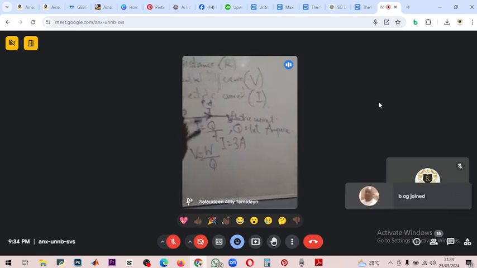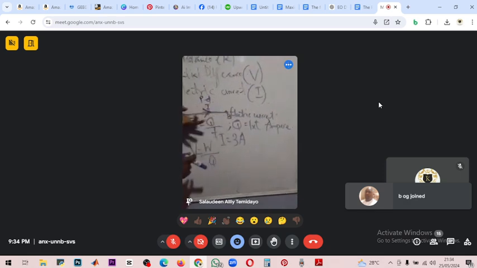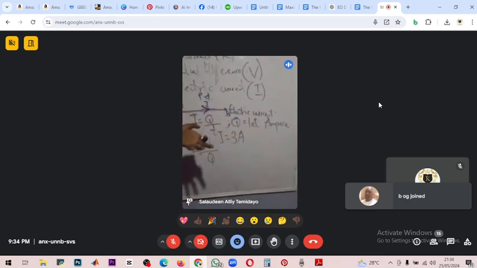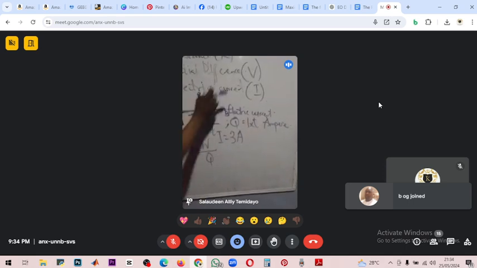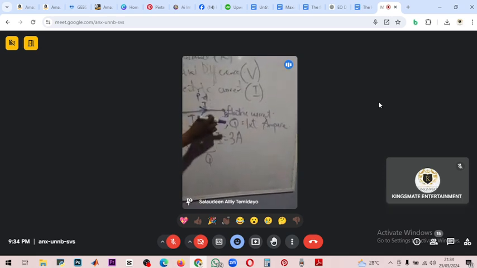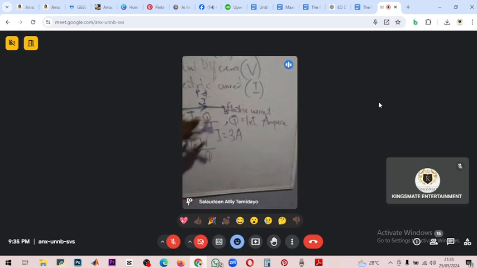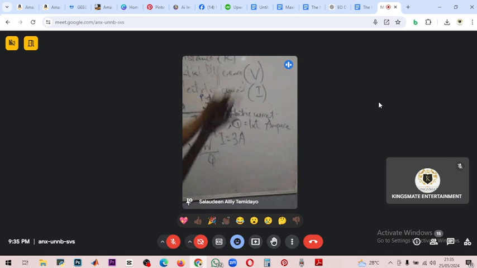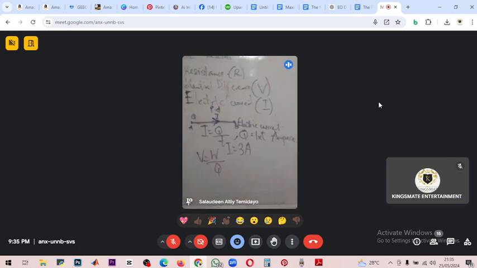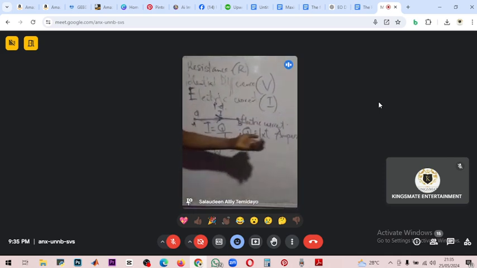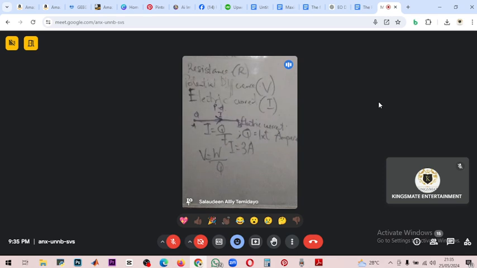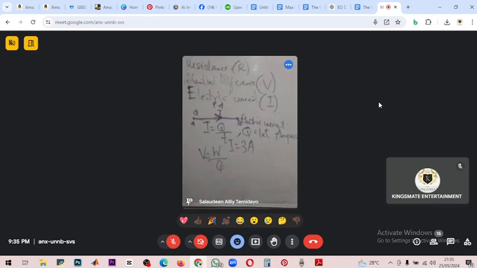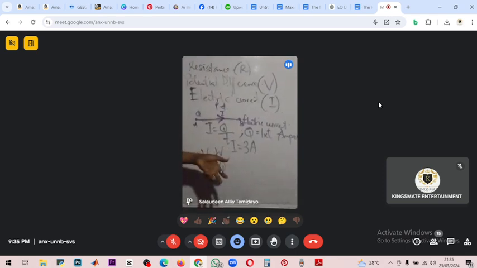So potential difference is the work done to move electric current along a conductor, while resistance is the opposition offered to the flow of electric current. When a resistor is applied, just believe me, the flow of electric current will be resisted. It will be opposed. It won't be as much as it was supposed to be. That is what a resistor is for.